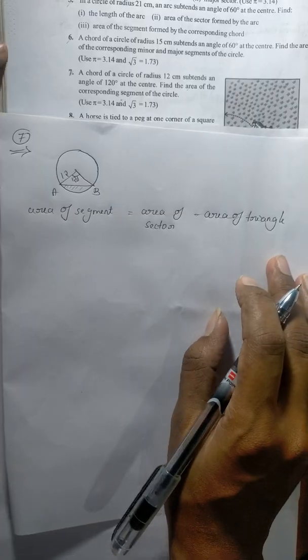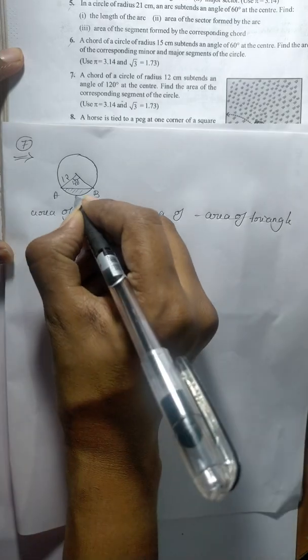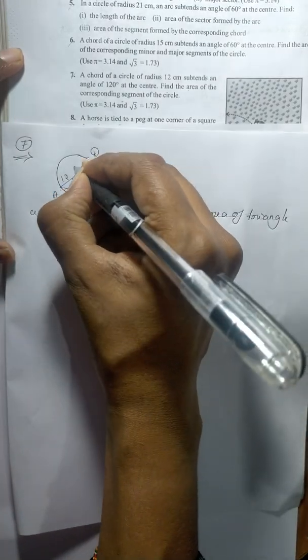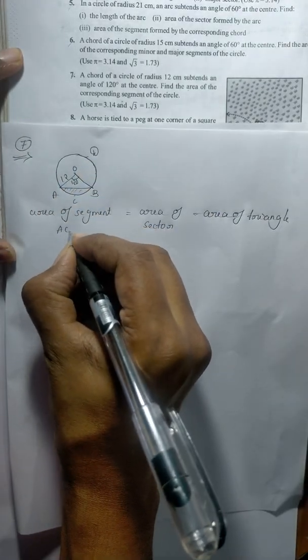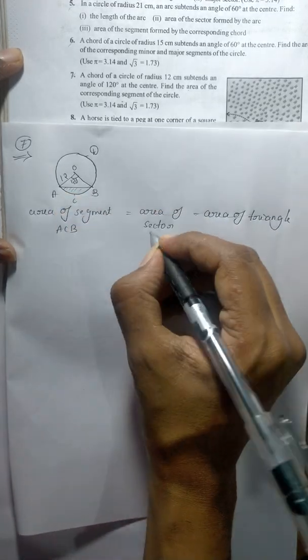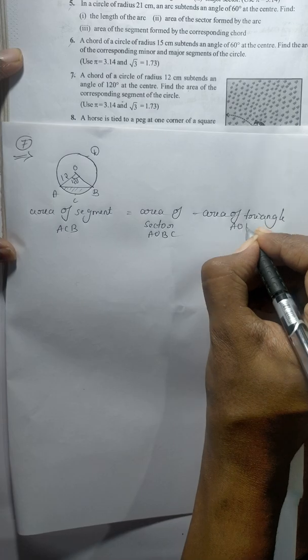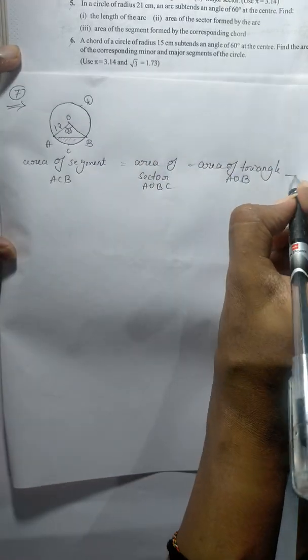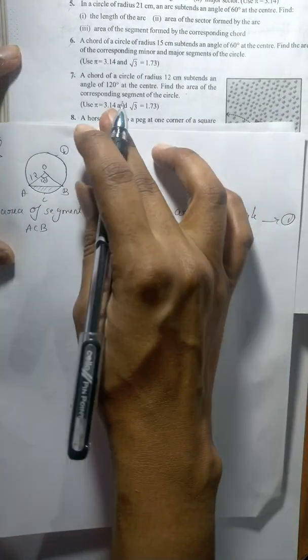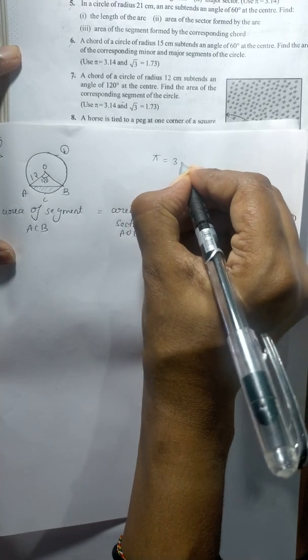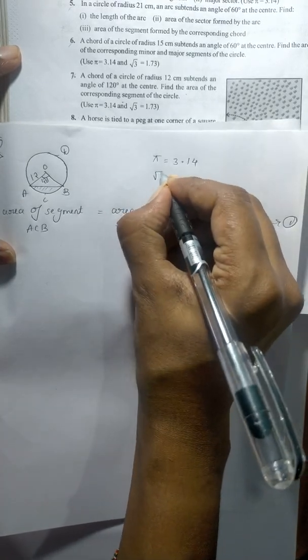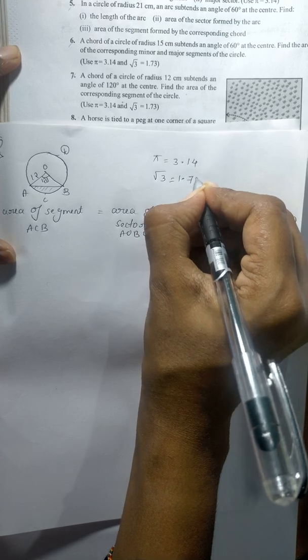So by using the formula area of the segment, we will give the name ACB and DO. So area of the segment we want, ACB we are calculating, area of the sector that is AOBC, then area of the triangle AOB. So first this we will use as equation 1. In the question they have given pi we have to use as 3.14, square root of 3 we have to use as 1.73.